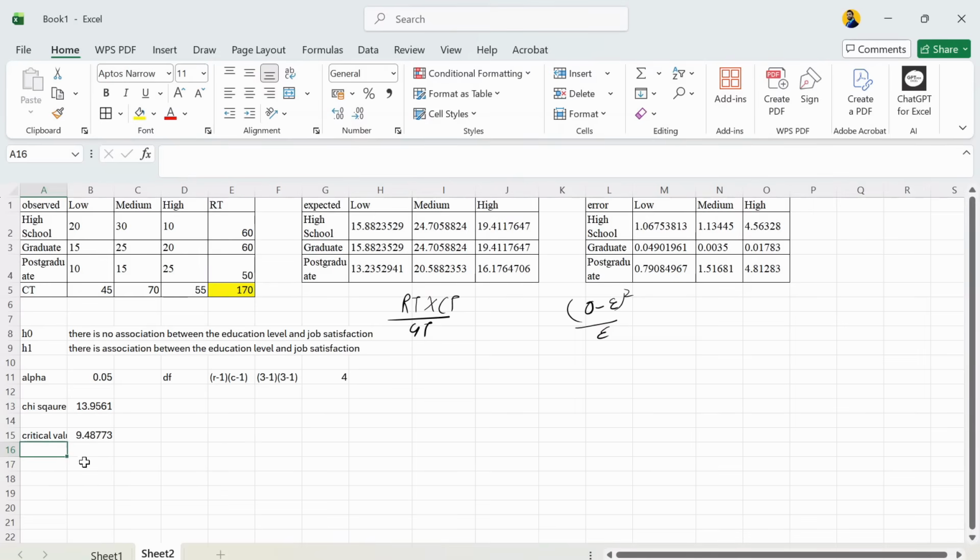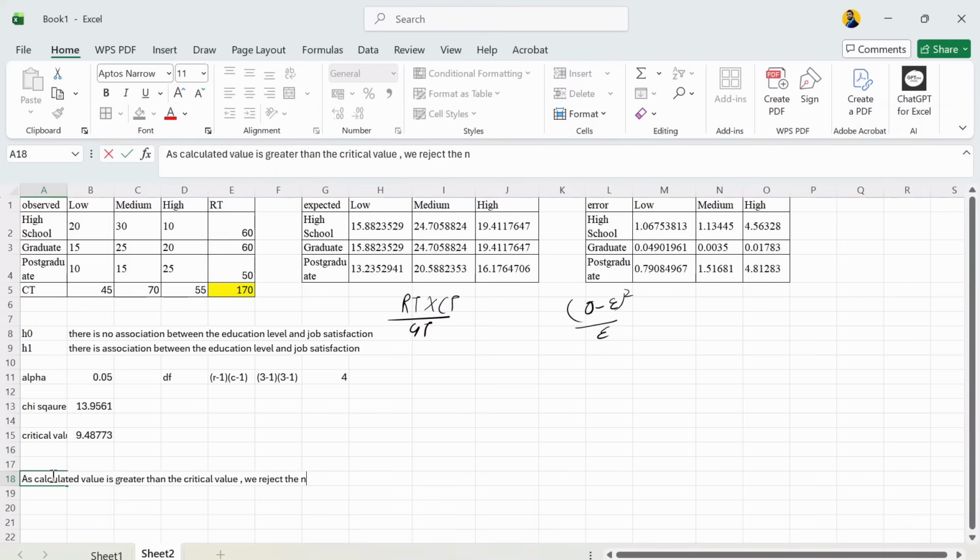Now again, you can see your calculated value is greater than the critical value. The same phenomenon applies here as well. So we will write down: calculated value is greater than the critical value, we reject the null hypothesis.